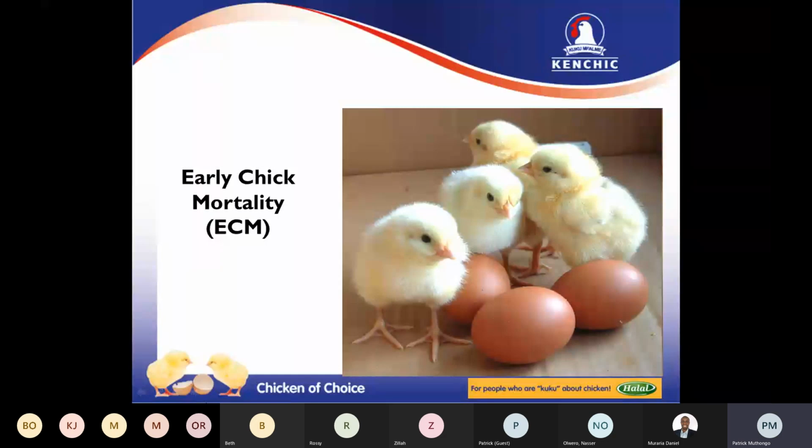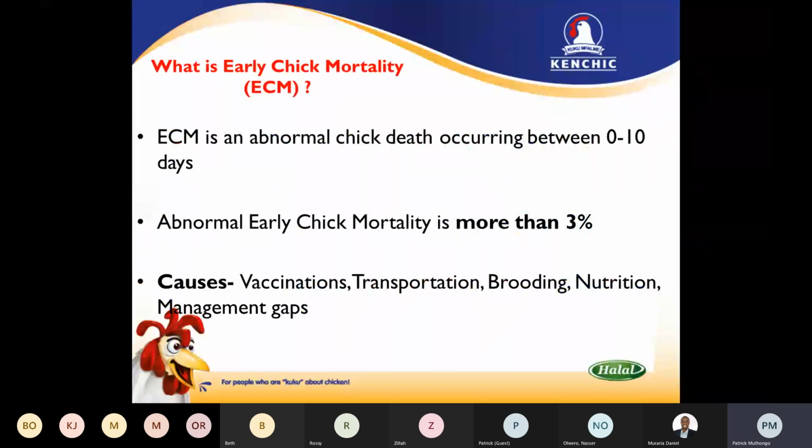So basically, what is early chick mortality? It is an abnormal chick death occurring between 0 and 10 days. Wakati kifaranga ni mchanga. You have just placed your chicks and you realize that you have a mortality that is not normal.